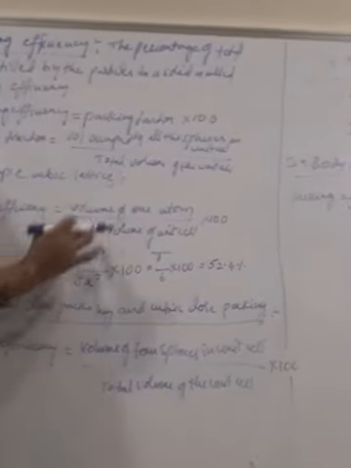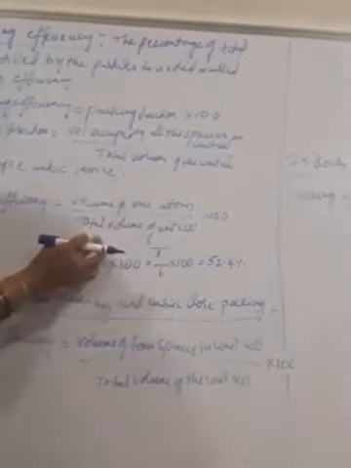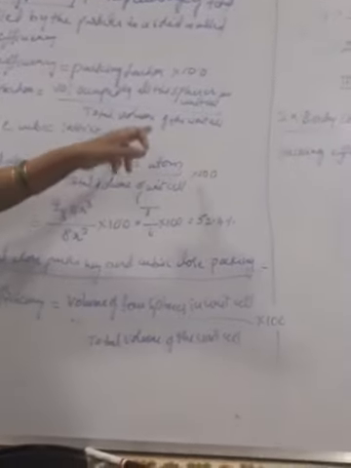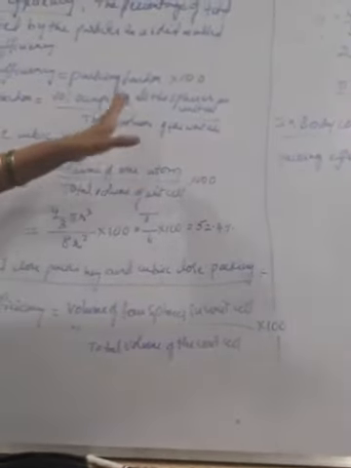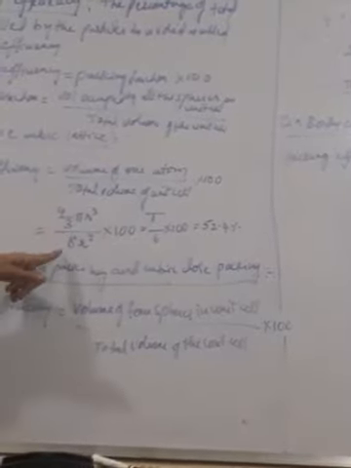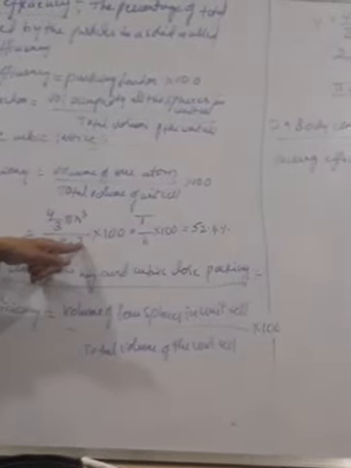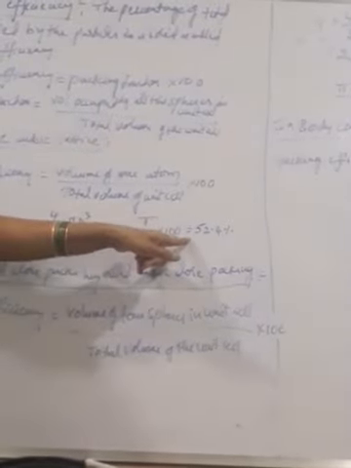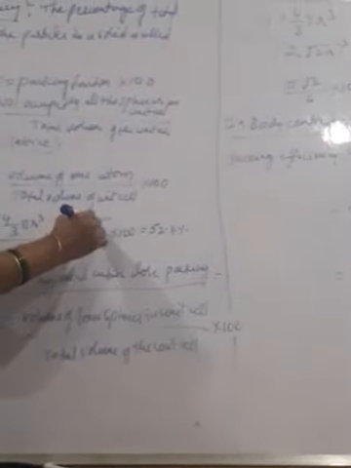So packing efficiency is the volume of 1 atom by the total volume of the unit cell into 100. The volume of 1 sphere is 4 by 3 pi r cube, and the total volume of the unit cell is 8 r cube, into 100. This is equal to pi by 6 into 100, which is equal to 52.4%.